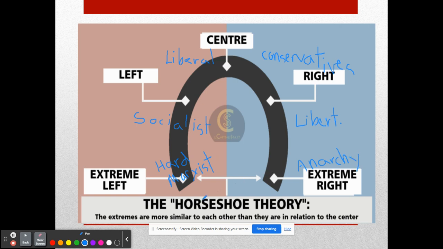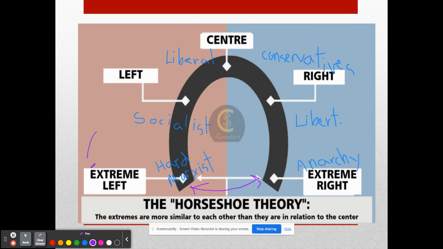Notice that as you do this, these two sides become closer and closer to each other. Why? Because they have more in common with each other than they do with the center. They drift closer and closer, and they hate each other. Why? Because they see too much of the other in it.